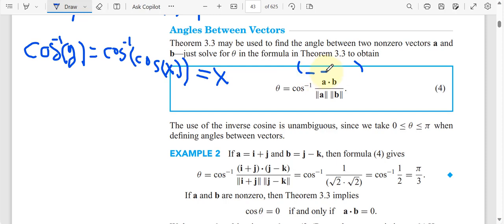You'd have 1, 2, 3, 4, 5 spaces for A, and the same for B. There's no problem taking the dot product of vectors from R5, but we certainly don't have any idea what we mean by the angle between vectors in R5.